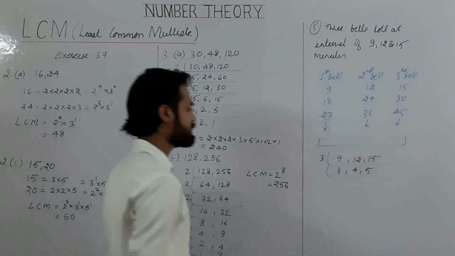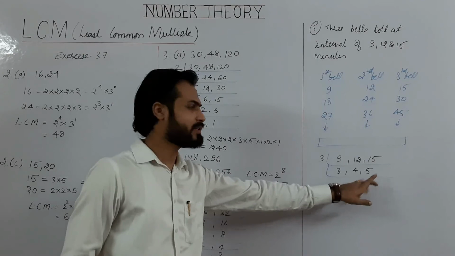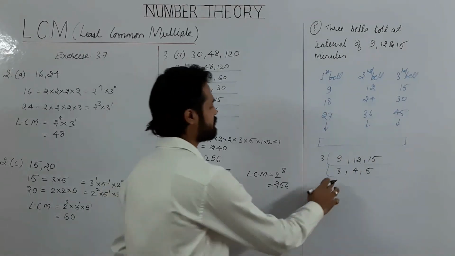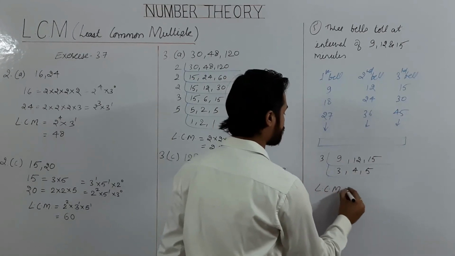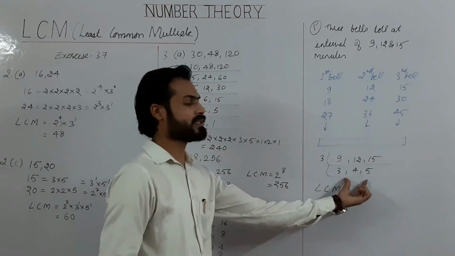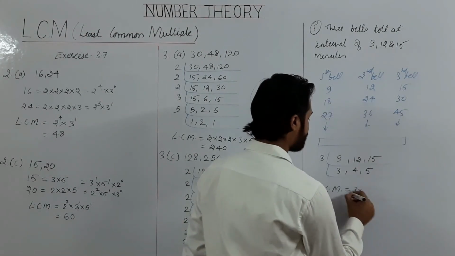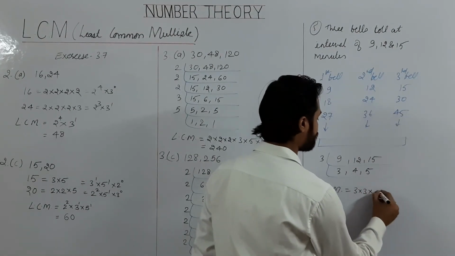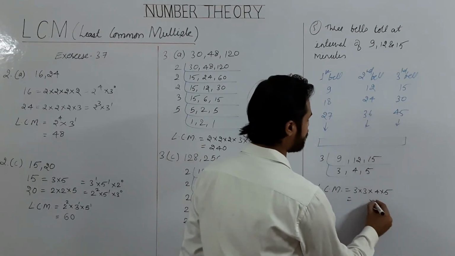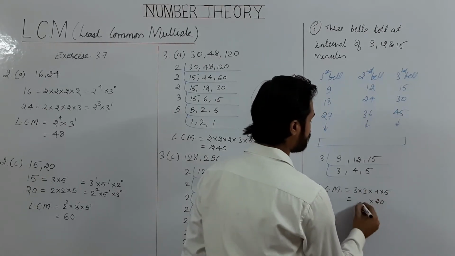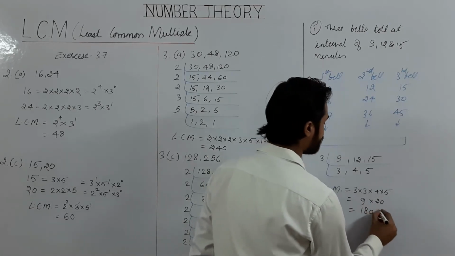So after the first step, the numbers are 3, 4 and 5. We don't have any common factor for these numbers, so we'll stop here, because we need a factor of at least 2 numbers. So the LCM is 3 into 3 into 4 into 5. 4 into 5 is 20, 3 into 3 is 9, 9 into 20, 180 minutes.